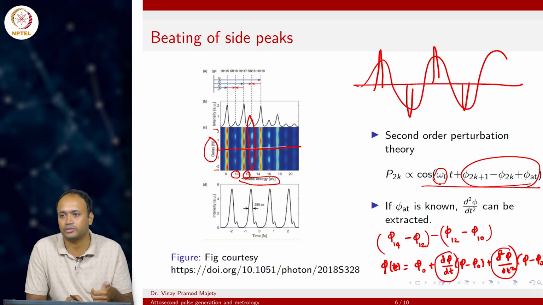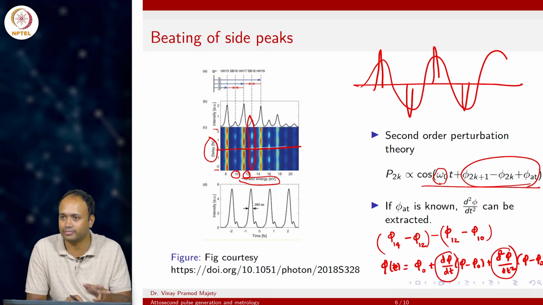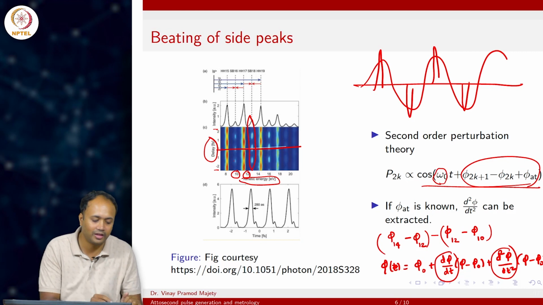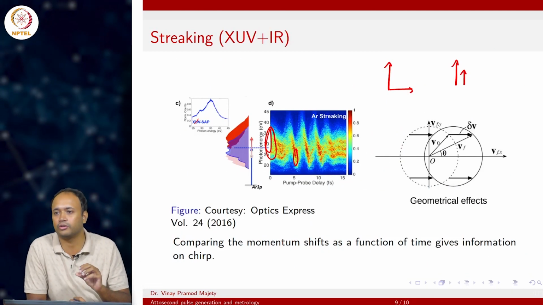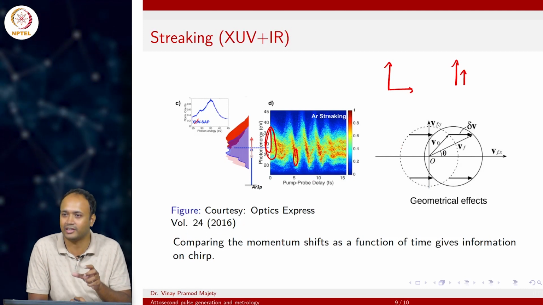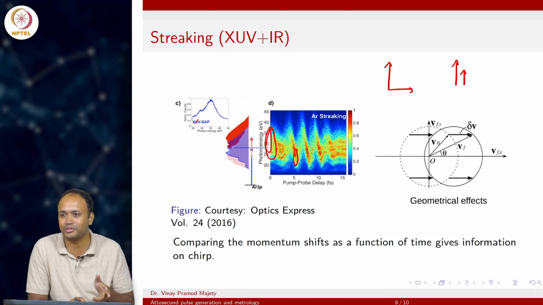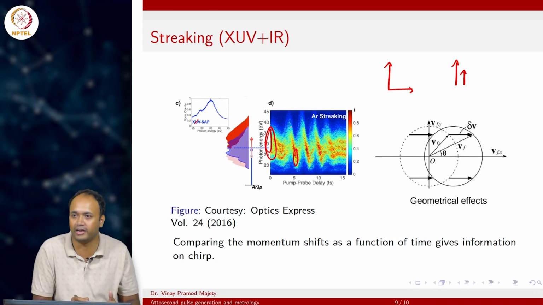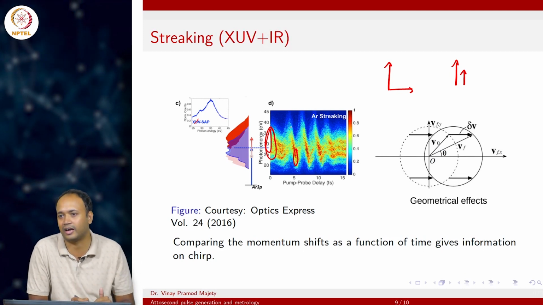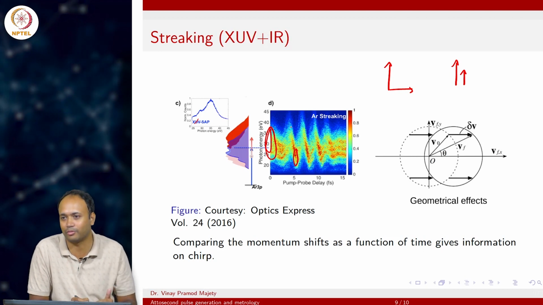The more important aspect of the process is the sideband; you do not want momentum shift. Whereas in the streaking experiment, you still try to keep the intensity of the IR pulse somewhat significant, still not able to generate high harmonics, but significant enough to see some momentum boost, because that is where you have the information about the pulse.